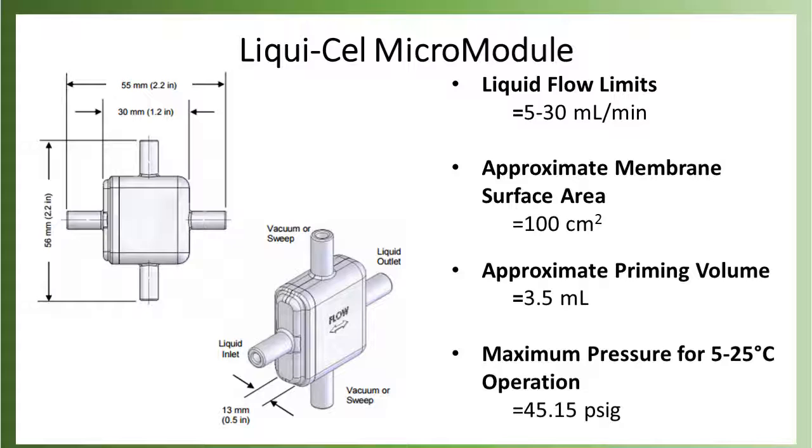It's got an approximate surface area of 100 centimeters squared, and when it's fully primed, which means that the cell is full and the pores are wetted, it contains 3.5 milliliters approximately. At normal operating temperatures of 5 to 25 degrees Celsius, it's able to operate up to 45 psi gas, which we're nowhere near with the system.